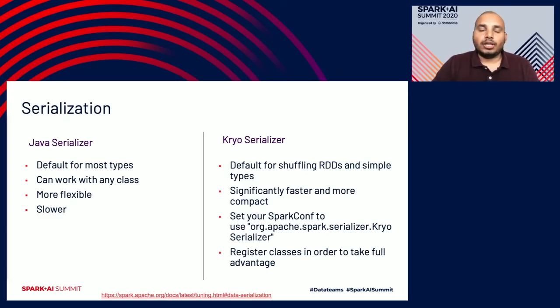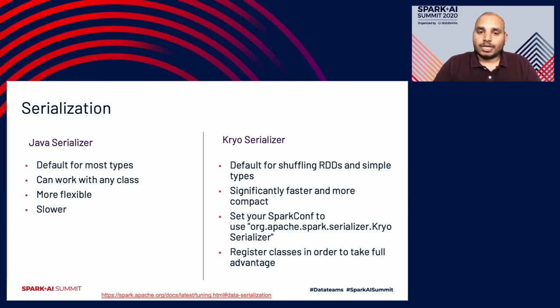So if your data frame had columns that were integer or string types, Kryo is being used as a default for shuffling. Java serializer can work for any class and is more flexible, whereas Kryo works for most serializable types and is about 4 times faster and 10 times more compact. So if you're looking to get some serialization benefits or boost, try using Kryo.